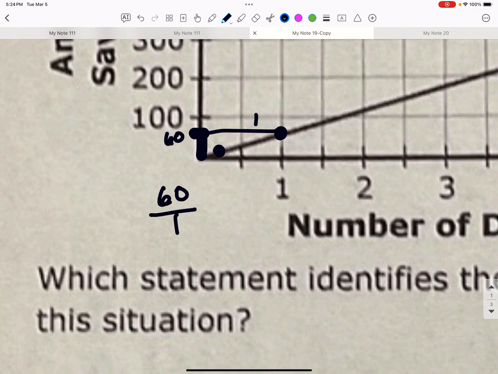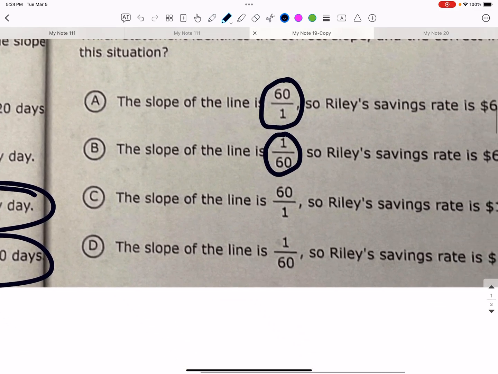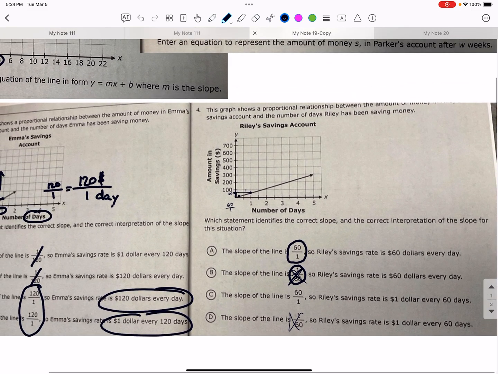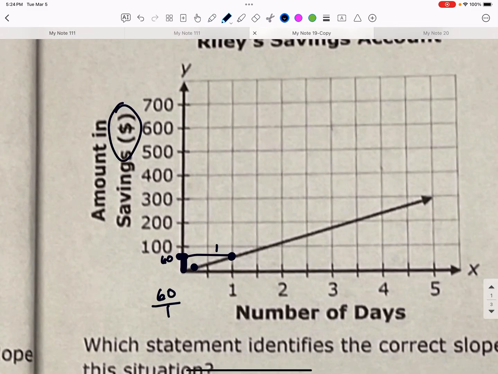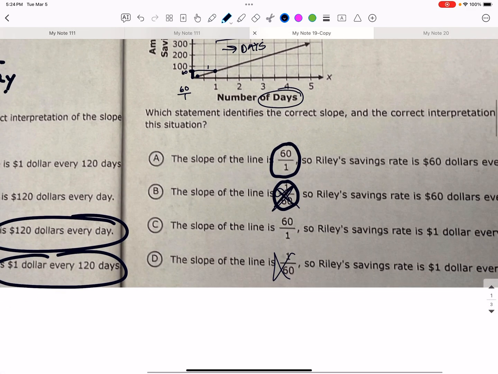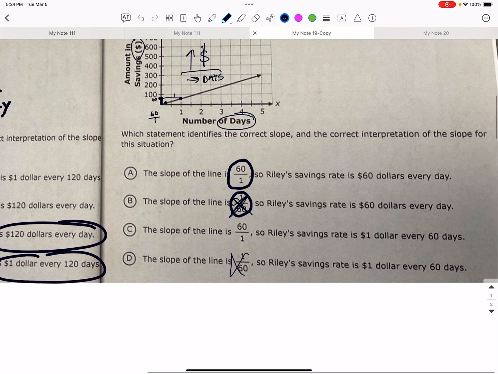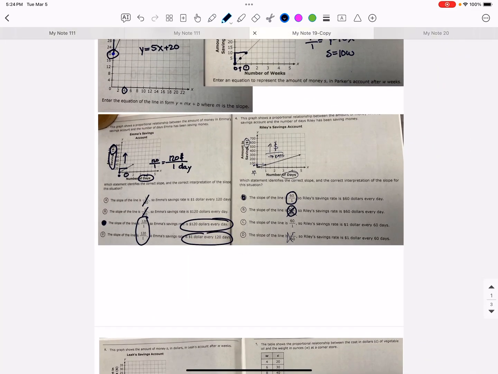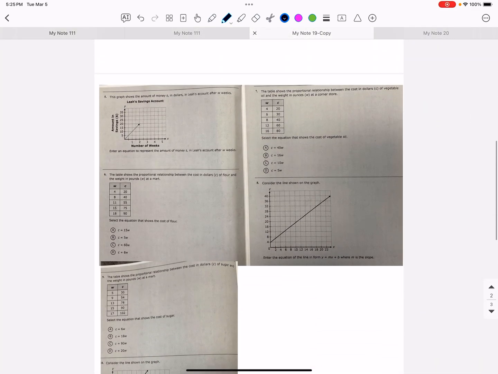So we're going up 60 over 1. So it's not this one and it's not this one. Going up dollars over days, so $60 every 1 day. That's that one.